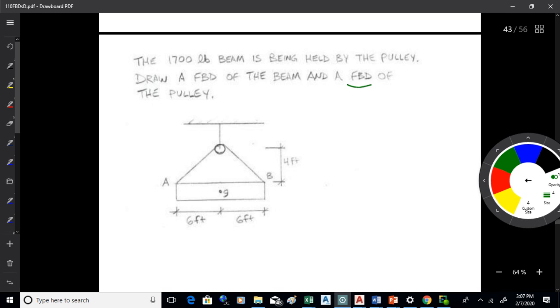I do find it helpful to draw a boundary around whatever it is I'm trying to draw a free body diagram of. That helps to identify any of the contact forces, because anything you cut through with your boundary has to be shown as a force on your diagram. So if I want a free body diagram of the pulley, I'll draw a boundary around it.